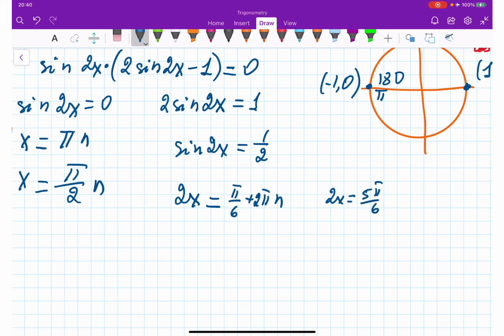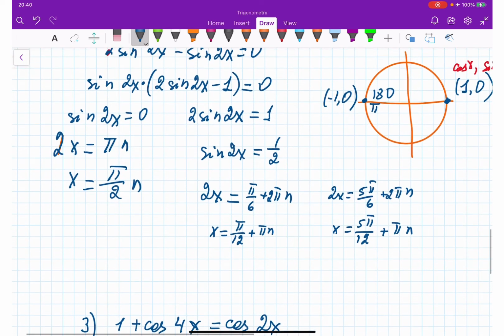Pi over 6 plus 2 pi n. And from here, x is equal pi over 12 plus pi n. And x is equal 5 pi over 12 plus pi n.